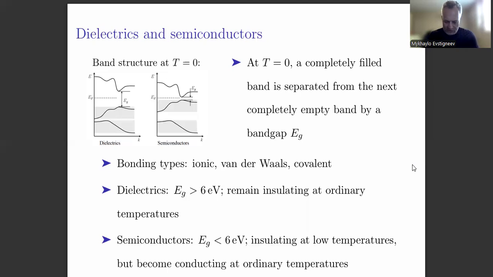even though at absolute zero temperature neither semiconductors nor dielectrics conduct electricity, at ordinary temperatures, like room temperature, 300 kelvins, 26 milli-electron volts, thermal energy is sufficient to promote a small part of electrons from the lower band, which would be completely filled at zero temperature, into the upper band, which now has some electrons, and those electrons become charge carriers.